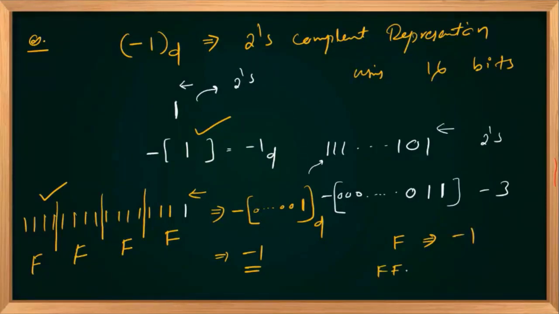FF in hexadecimal also represents minus 1 using 8 bits. Then FFF is also minus 1, then FFFF hexadecimal is also minus 1. So you require only one digit to represent minus 1 in 2's complement representation.